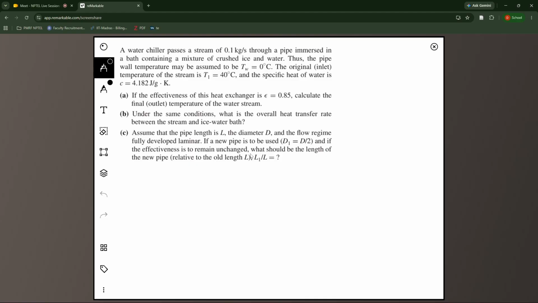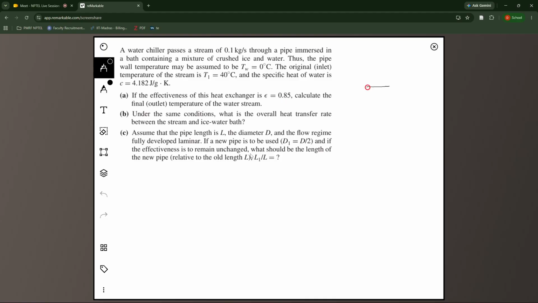A water chiller passes a stream of 0.1 kilogram per second through a pipe immersed in a bath containing a mixture of crushed ice and water. So the previous problem was condensation. Now we have melting. Because it is ice and water, you can assume the pipe to be at constant temperature at 0 degrees Celsius. The original inlet temperature of the stream is 40 Celsius and the specific heat of water is also given to you. If the effectiveness of the heat exchanger is 0.85, calculate the outlet temperature of the water stream.